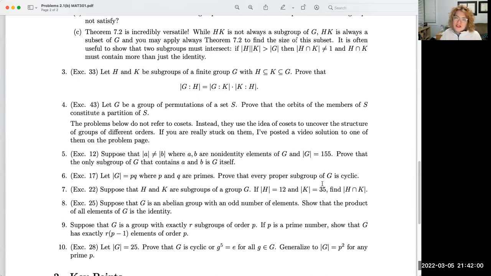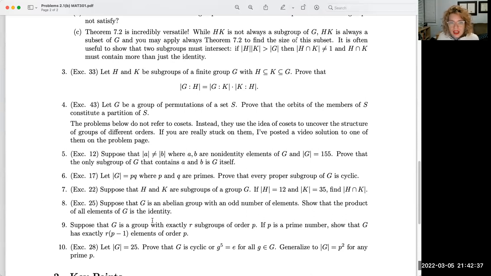And the factors of 35 are 1, 5, 7, and 35. So the factors of these orders don't intersect at all. So since the order of the intersection has to divide both orders, that means the order of the intersection has to just be 1. It has to just be the identity.